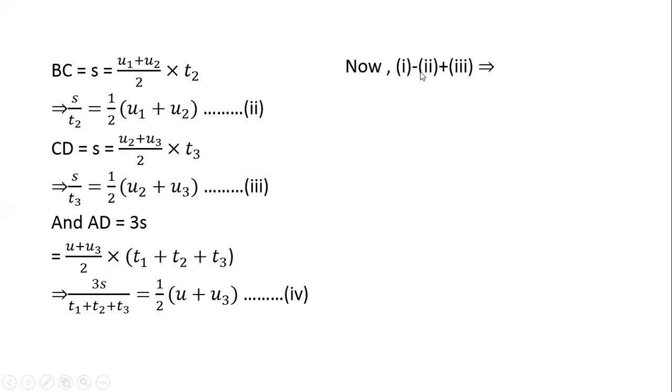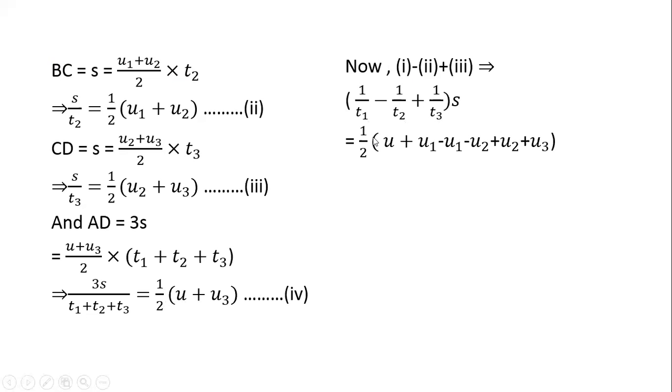Now, 1 minus 2 plus 3, then we get 1 by t1 minus 1 by t2 plus 1 by t3 equal to half (u plus u1 minus u1 minus u2 plus u2 plus u3). From this, after calculation, we get half (u plus u3), which is equation 5.